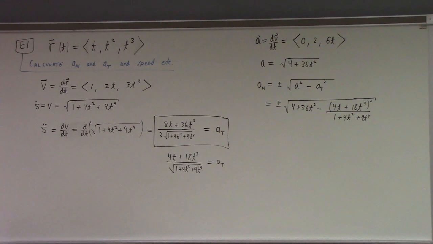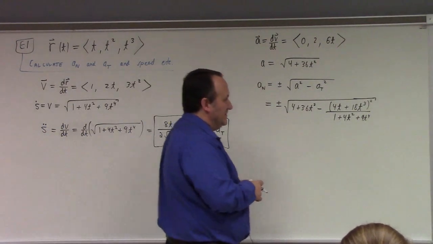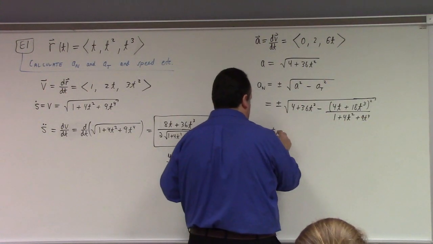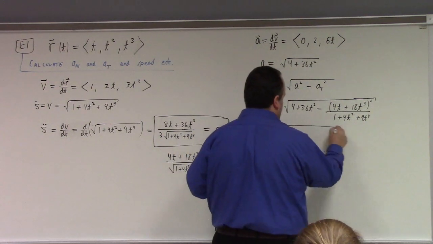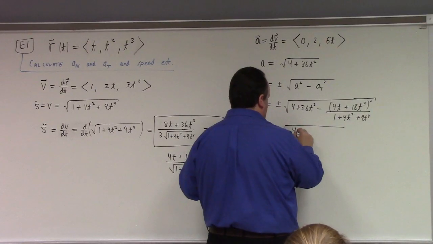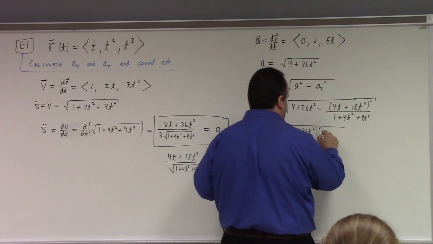I was thinking this gives me a circuitous path towards calculating curvature in a kind of sneaky way. Because the normal component's also equal to what? We could clean this up a bit. This is plus or minus the square root of 4 plus 36t squared times that denominator.